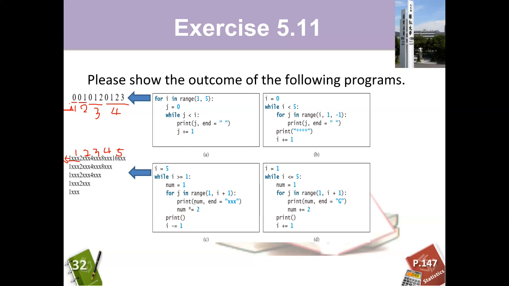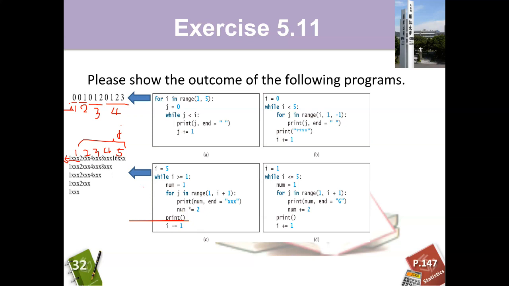So when we print the number with the end of triple x, it looks just like this. This is for i equal 5, and this is for j from 1 to 5. And this print means we change the line back to here. And i minus equal 1 means the new i will equal the old i minus 1.